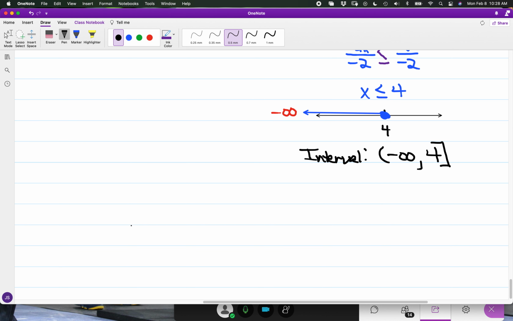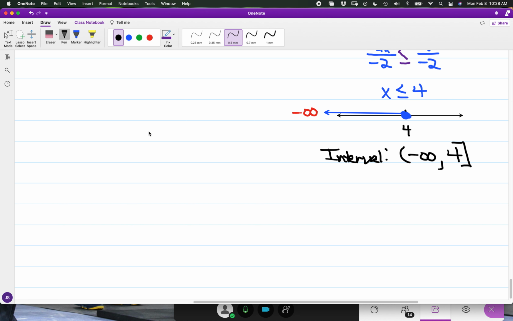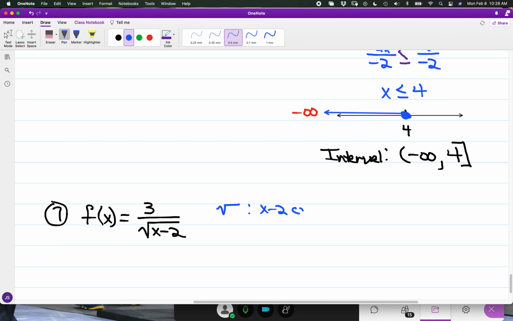And now, a separate case, but also a special case. And this is where a twofold situation can arise. Say we have f of x is equal to 3 over the square root of x minus 2. What I mean by a twofold situation is that we have a 3 over the square root of x minus 2, because we have a radical, x minus 2 cannot be negative.